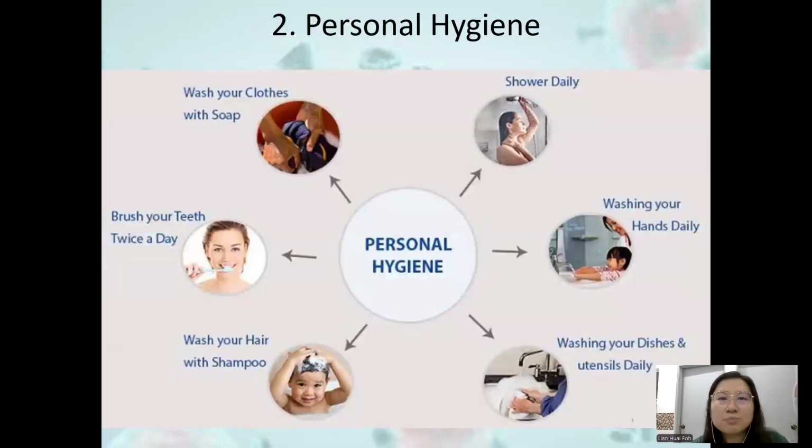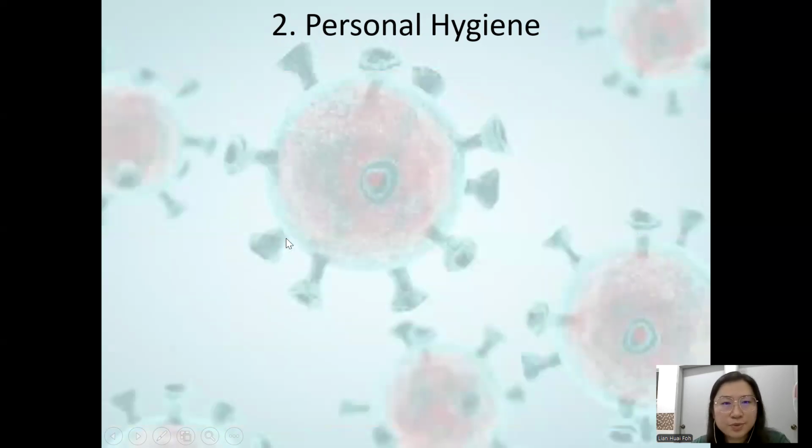Next one, personal hygiene. You can wash your hands frequently. Wash your dishes. Wash your hair. Shower daily so that you can remove some of the bacteria. Wash your clothes with washing powder. Brush your teeth.